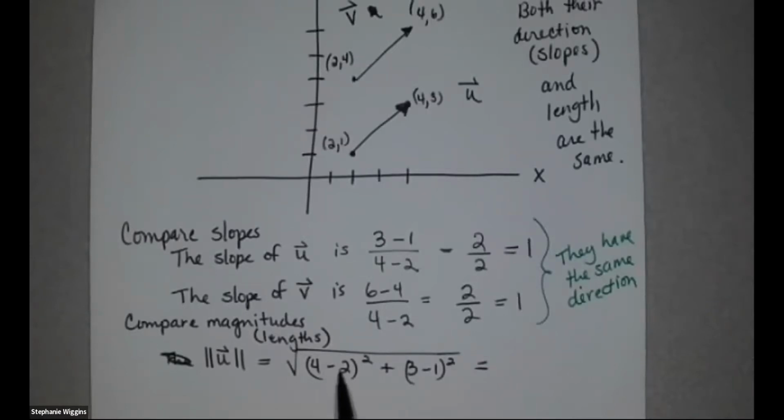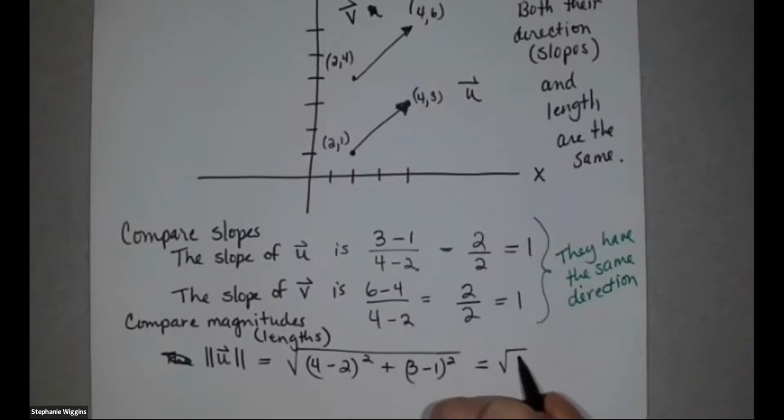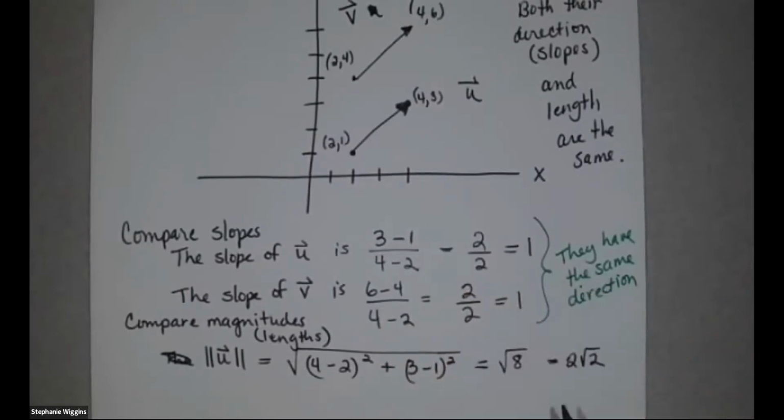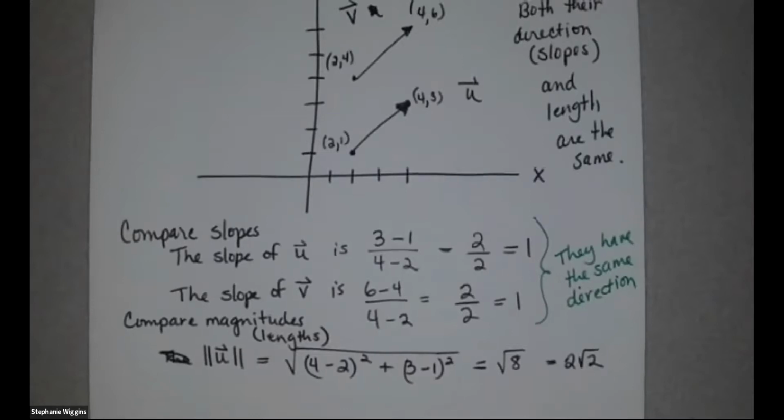So this becomes 2 squared plus 2 squared, which is 4 plus 4, so it's the square root of 8. And if we simplify that, it's going to be 2 square root of 2, because 8 has 3 copies of 2. So you take the square root of 4 to get the 2, and then you have 1, 2 left over, and that stays under the radical.